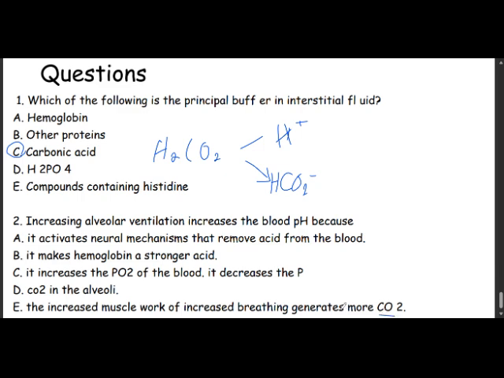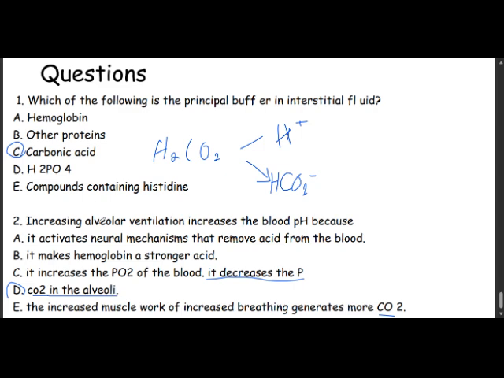Right, so the correct answer here is supposed to be D. This option started on the wrong line. Option D was supposed to say it decreases the partial pressure of CO2 in the alveoli. So that's the correct answer.